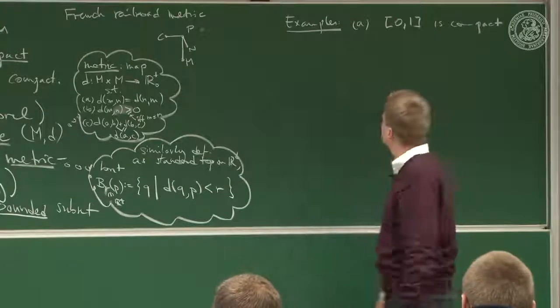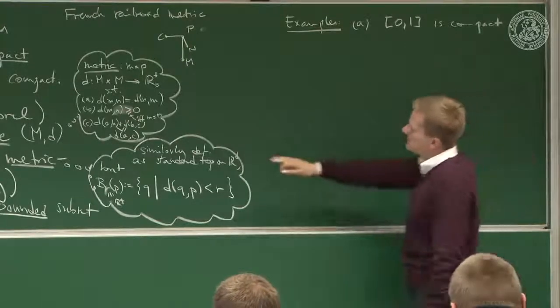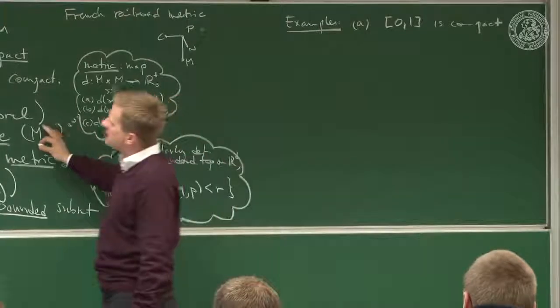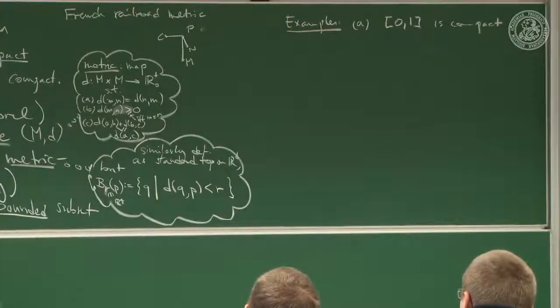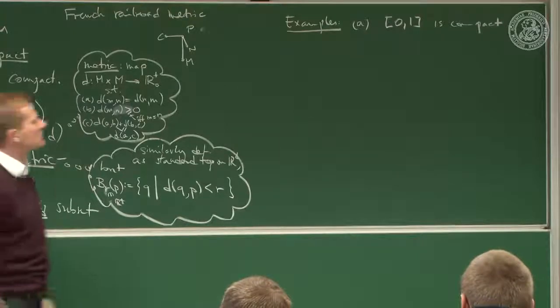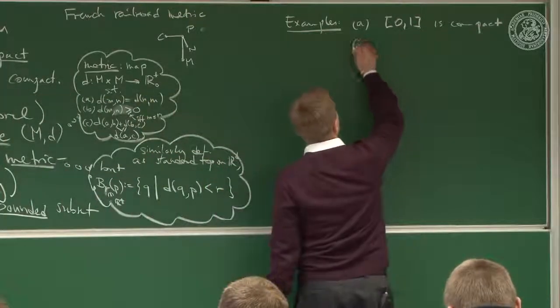That will give you a metric. It's compact in that sense, according to Heine-Borel, but it's also compact as a subset of the real numbers, with the topology on the interval being the induced one from the topology on the whole real line. Well, of course, it must be, because Heine-Borel holds. Okay, so that interval is compact.